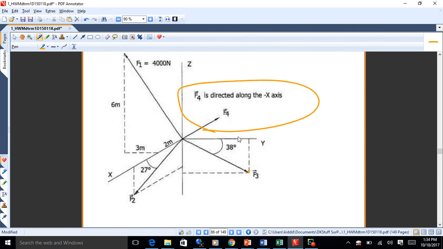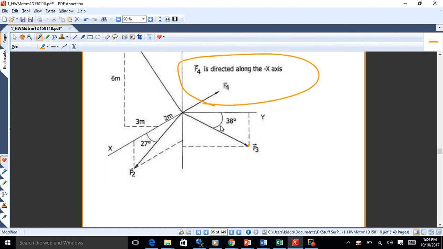So we good with that so far? There's a very specific approach on these things. What you do is you start by vectorizing everything. So we've got F1, F2, F3, F4, so we're going to have 4 vectors.